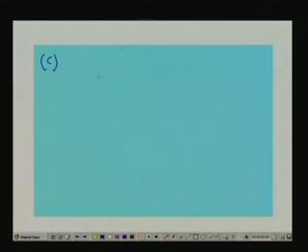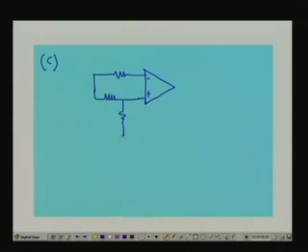The circuit looks like this. There is an op amp here. This is point A, and all the four resistors are as usual as before, but we have taken 1 plus X. So, this is our RTD.